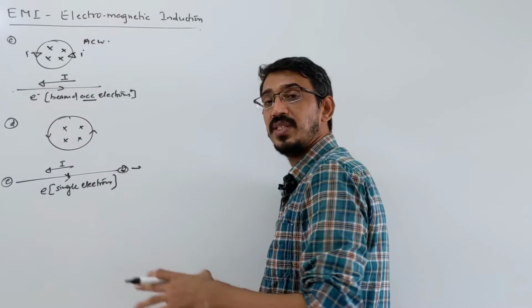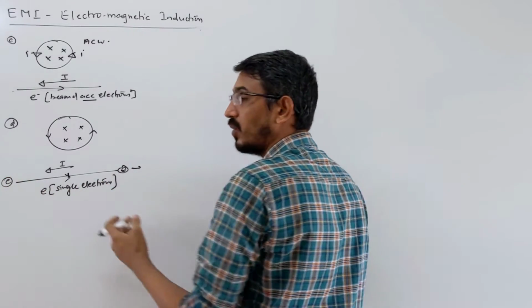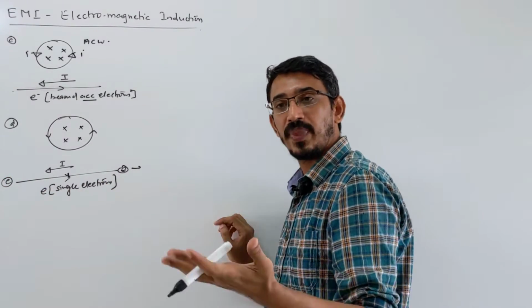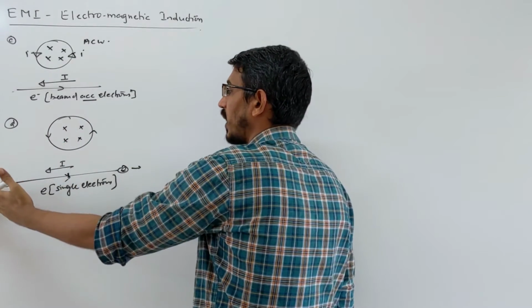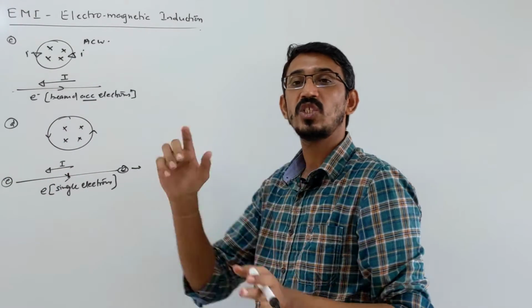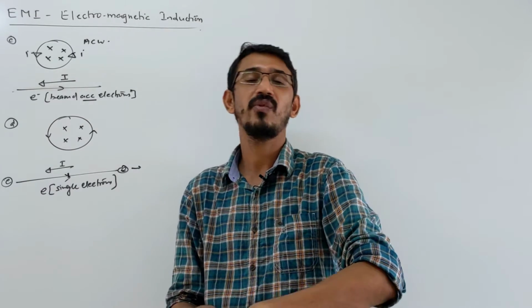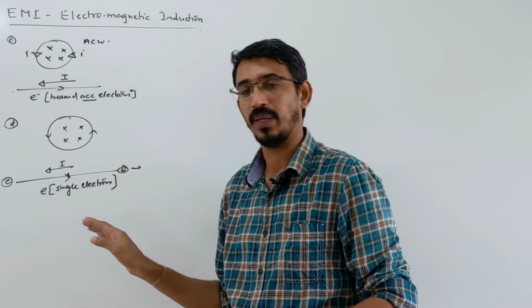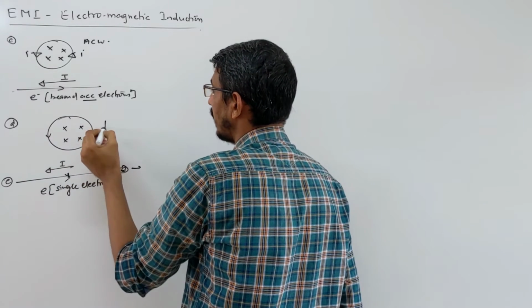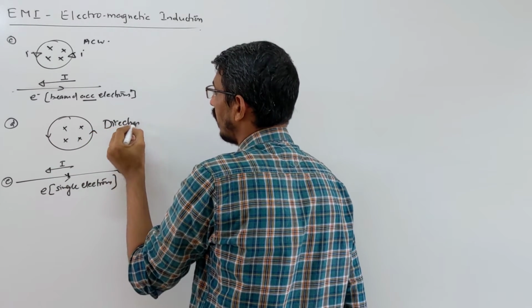So very important, what is the answer of this question? If a single electron or single proton, any single charged particle, comes from far away and crosses this loop, then the direction of the induced current in this loop will get reversed. Once it will flow clockwise, then it flows anticlockwise, depending on who is coming.